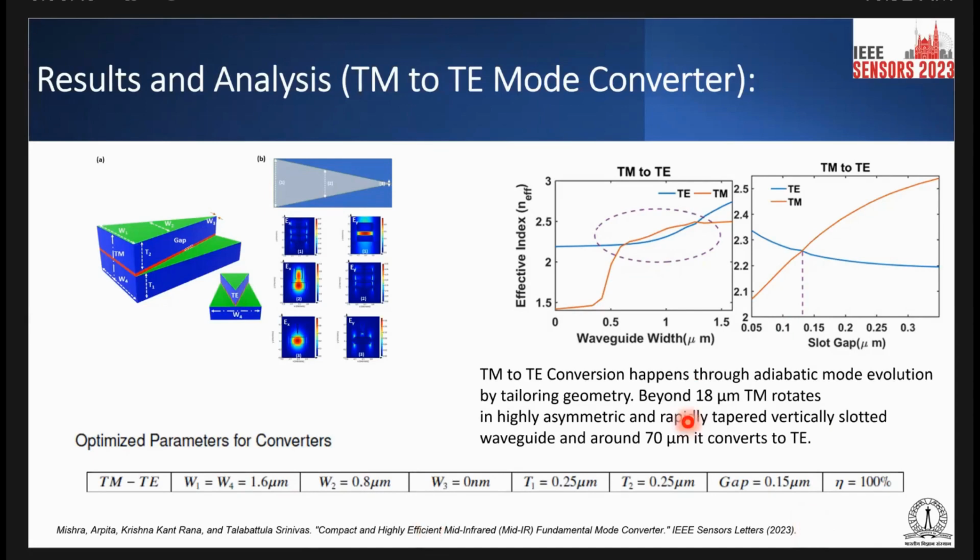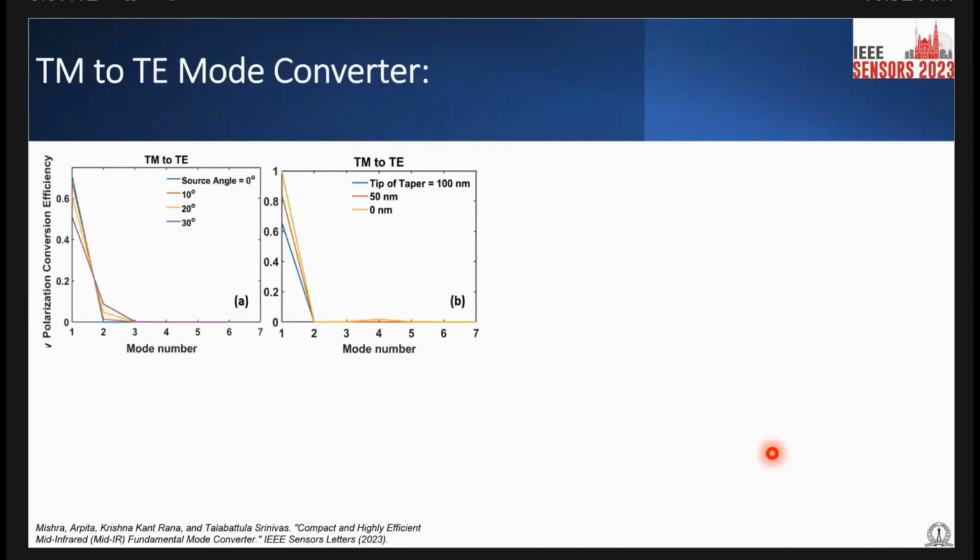Beyond 18 micron, as shown in this second figure, the TM rotates. You can see it's the transition period, the transition of TM to TE. Then around 70 micron, it gets converted to TE mode completely. This is the polarization conversion efficiency versus mode number plot.